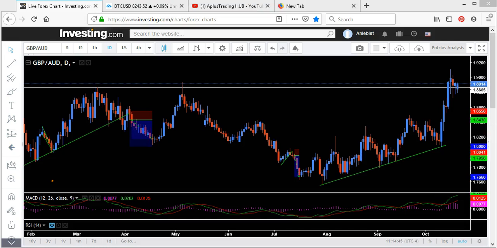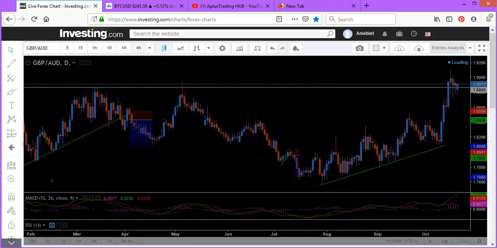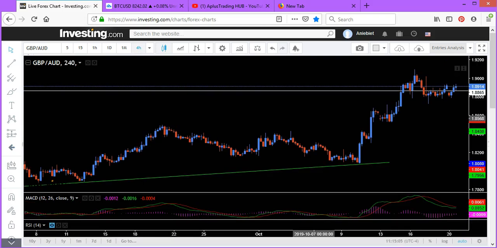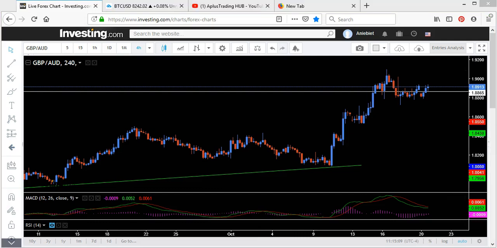So on the GBP AUD chart here, we can see the MACD line has crossed above the signal line, so we are going to look for buying opportunities. So I'll go to my entry time frame, which is the 4-hour time frame. Now when you go to the 4-hour time frame, you can also notice at this MACD here, it's trying to make a U-turn here.